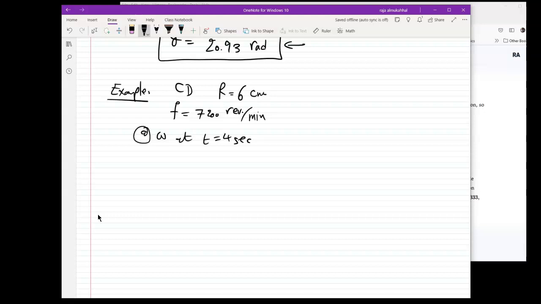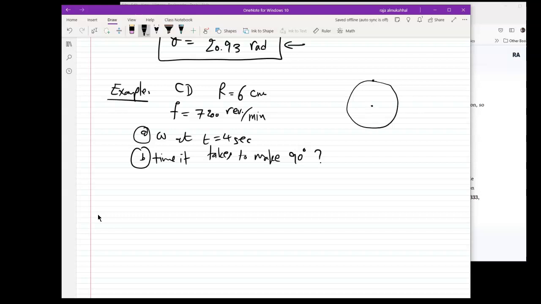Also, the time it takes to make a 90-degree angle. In other words, here's the CD, and let's say I'm tagging this point.